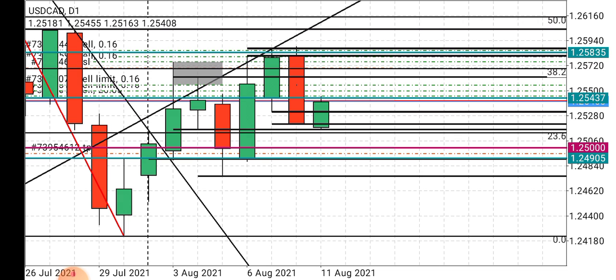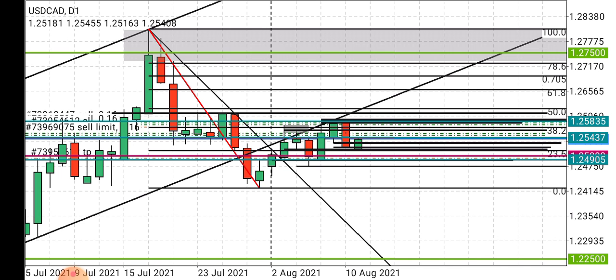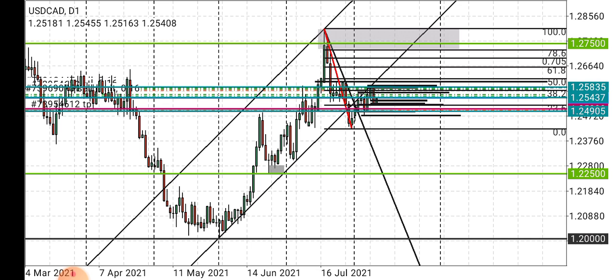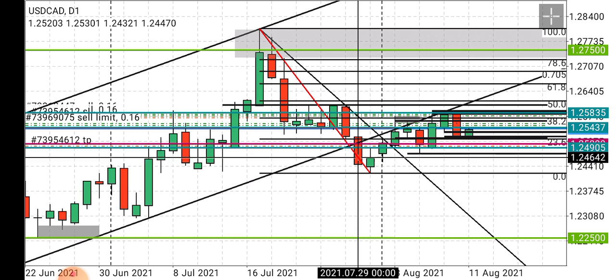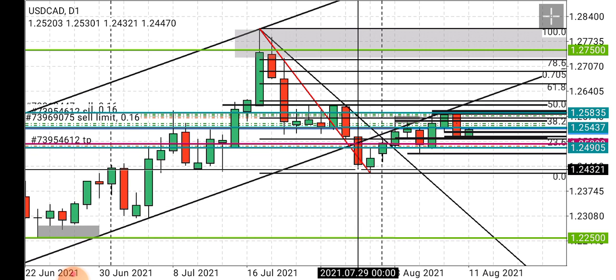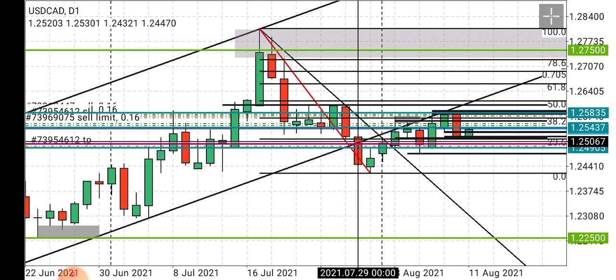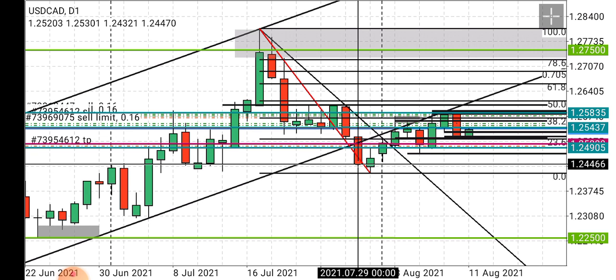And also, if you take a good look at the USD daily chart, you see the market has been in an uptrend, and this particular candle broke the equidistance channel, the uptrend equidistance channel.